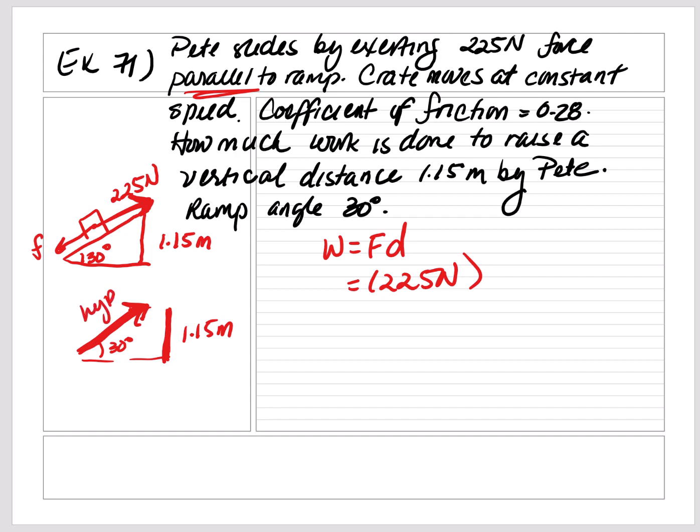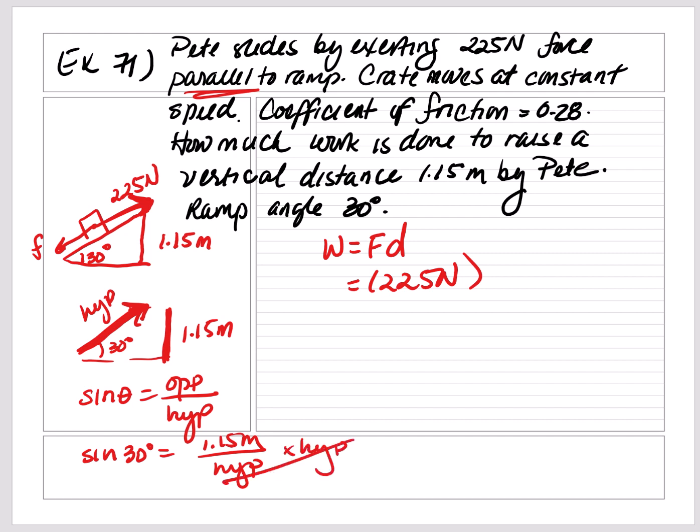If you notice, 1.15 meter is opposite, so I know this is going to be sine theta. Sine theta is opposite over hypotenuse. So that's going to be sine 30, 1.15 meters divided by hypotenuse. So I need to multiply both sides by hypotenuse. The hypotenuse cancels out on the right side.